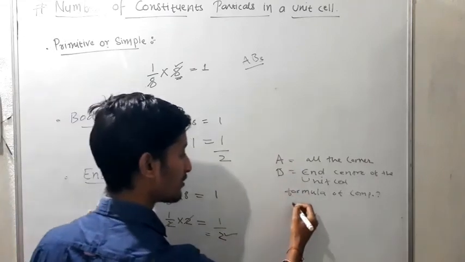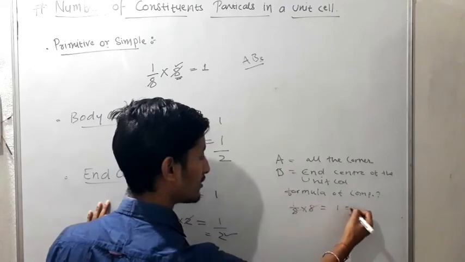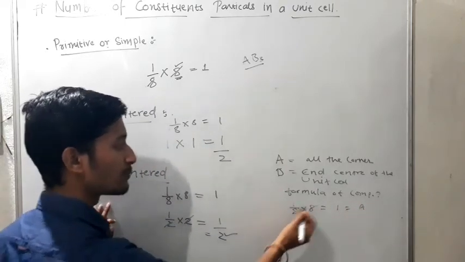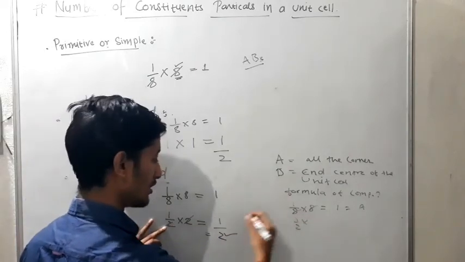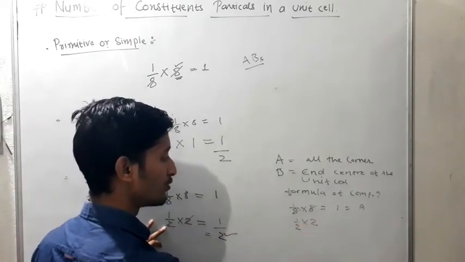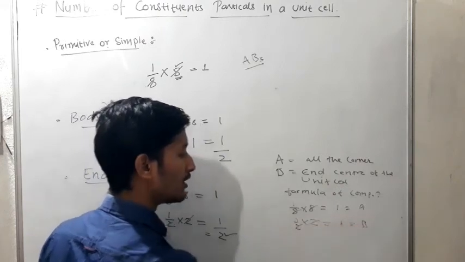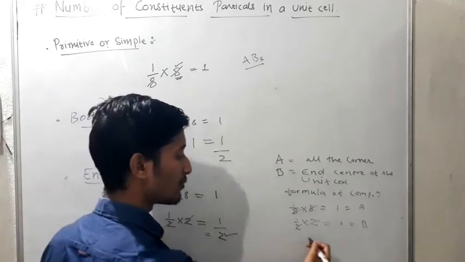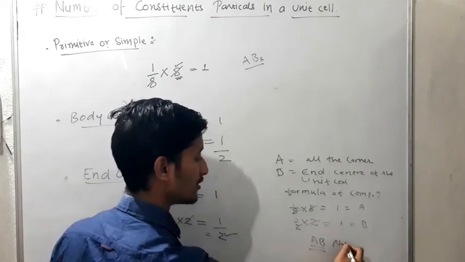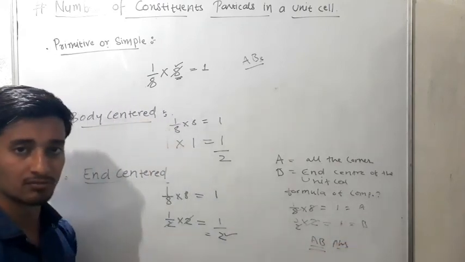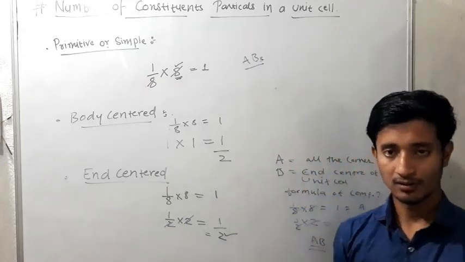The contribution of corner is 1/8 into 8, that is 1, and B is present at end center. Contribution of end center is 1/2, number of atoms is 2, so 1. So the formula of the compound is AB. It is very important. It is a very important concept of this topic.